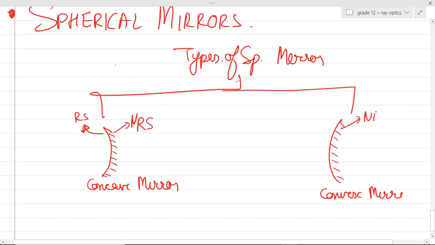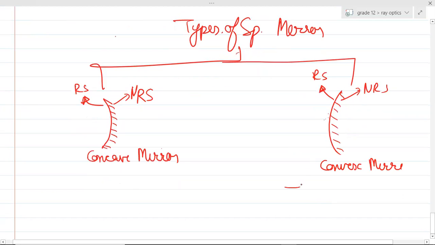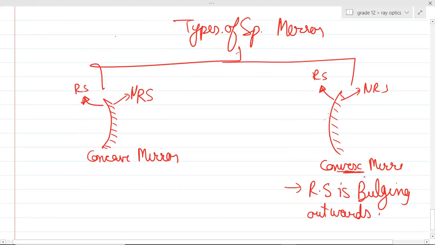In the case of convex mirror, the reflecting surface is bulging outward, so that's why we call it a convex mirror. Here the reflecting surface is caved inwards, that's why it's called concave. Yes or no, people?